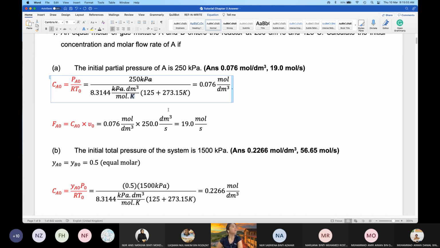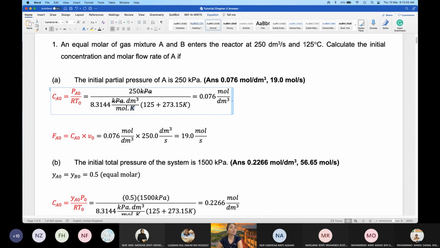The temperature given to us was 125 Celsius, so I will convert this to Kelvin. The conversion factor from Celsius to Kelvin is very easy: you just add 273.15.